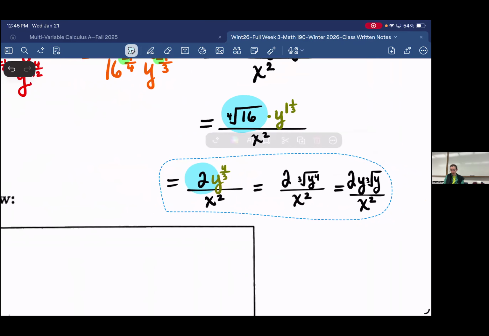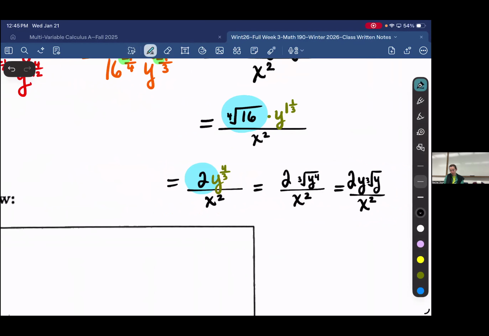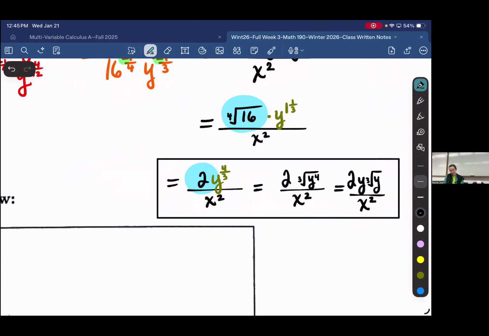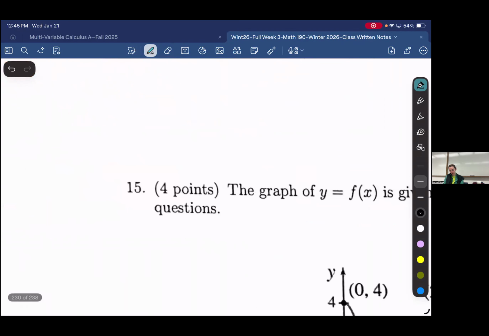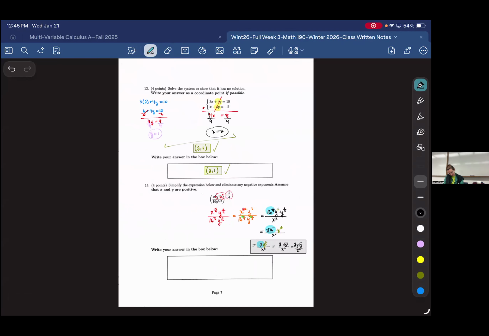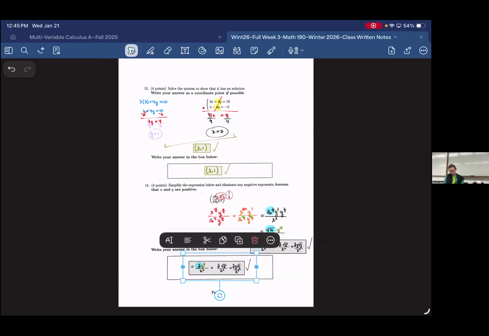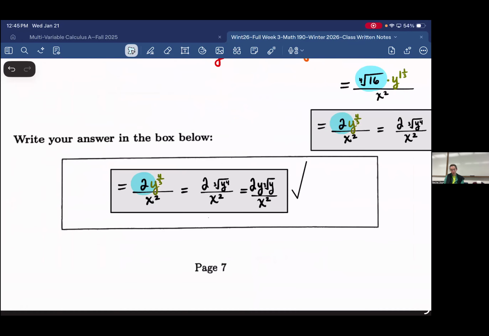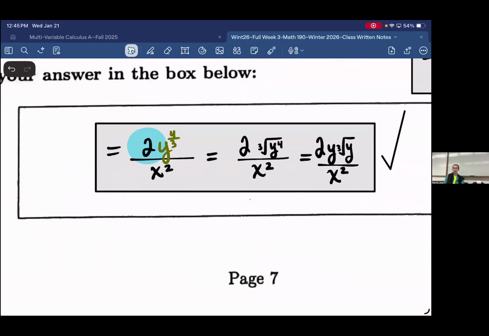A lot of different variations that would yield you a correct result. All right, questions? No.